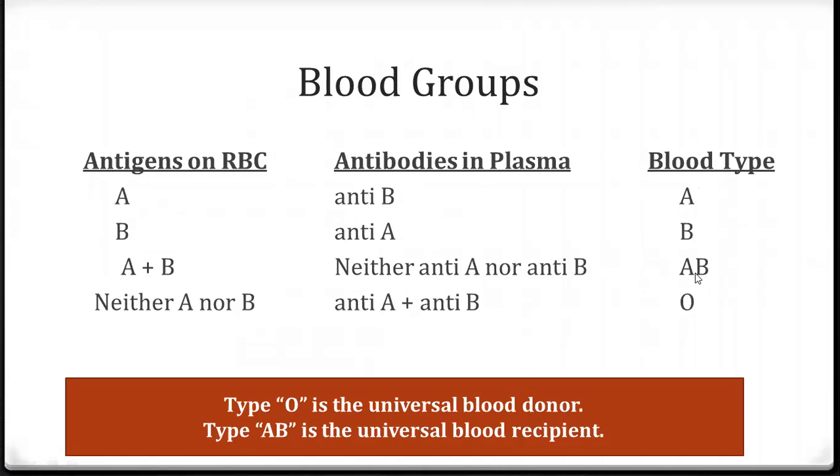You have blood type AB. And then if you have neither A nor B, you have both antibodies in your plasma, you're type O, meaning like 0. Type O is the universal blood donor, and type AB is the universal blood recipient.